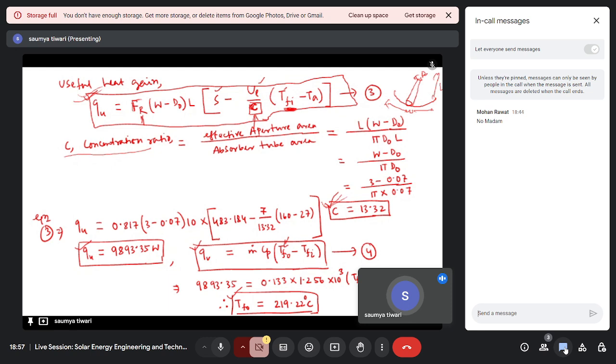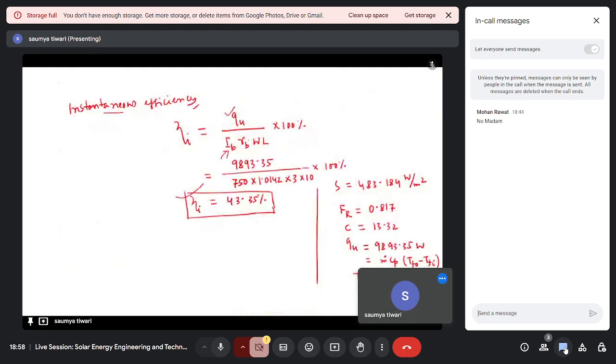Knowing all these values, you can calculate the Q useful value. This much amount of energy is actually utilized to heat the fluid, so it will be equal to m dot Cp, the fluid temperature at outlet minus the fluid temperature at inlet. From there you can calculate the Tf naught, and then you can calculate the instantaneous efficiency, which will be equal to your output upon input.